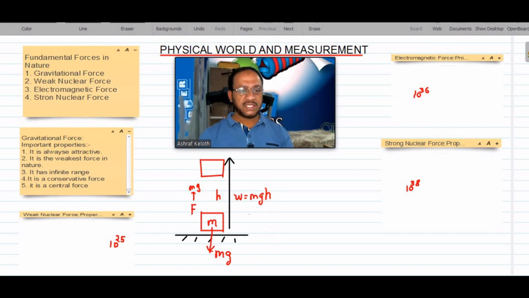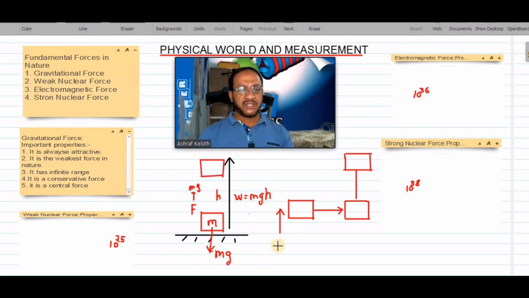Okay. Now see the same body. Suppose instead of lifting straight like this, you are lifting from the ground to a height this much, say h1. Then you are moving that body horizontally some distance to this point. Again you are lifting to the same previous level, and finally it reaches the same height as the first case.